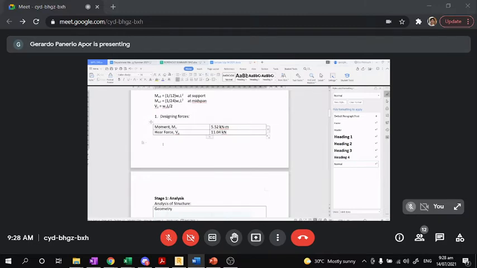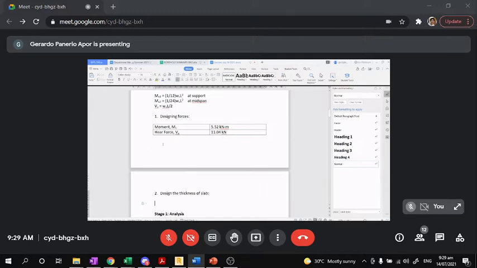Number two is you're going to design the thickness of the slab. Before you go on, you design the thickness of the slab. Now, from the book of Wang and Salmon, in chapter 8, there is a formula that determines the thickness of the slab.